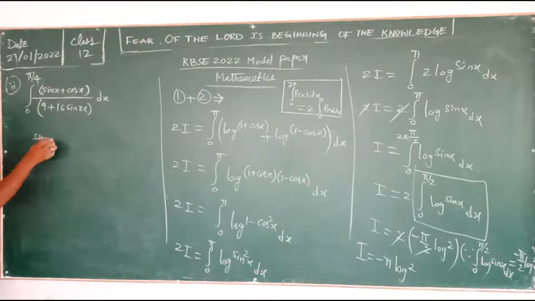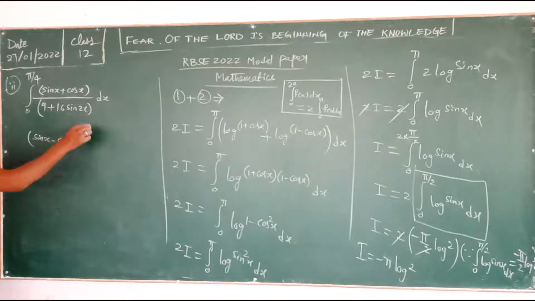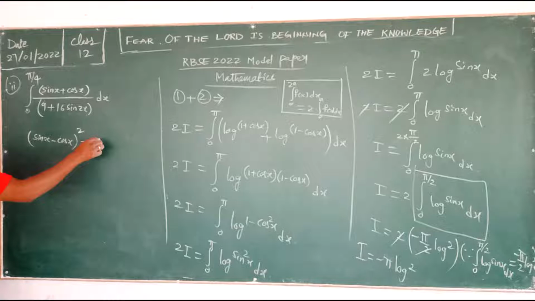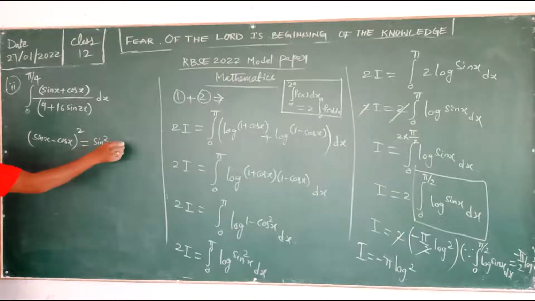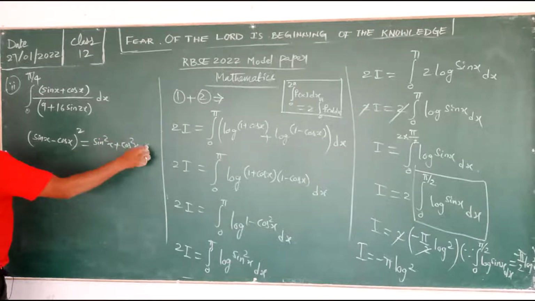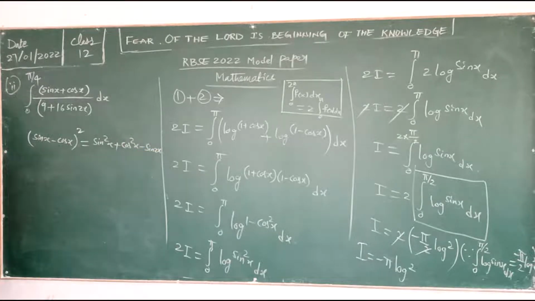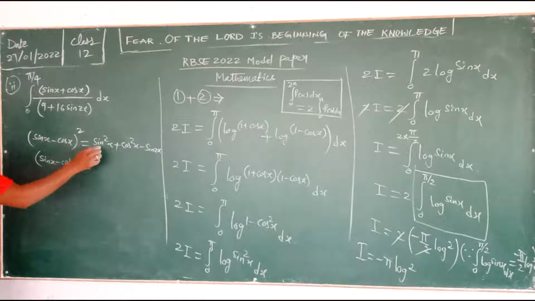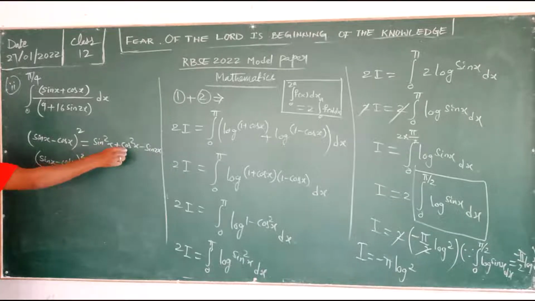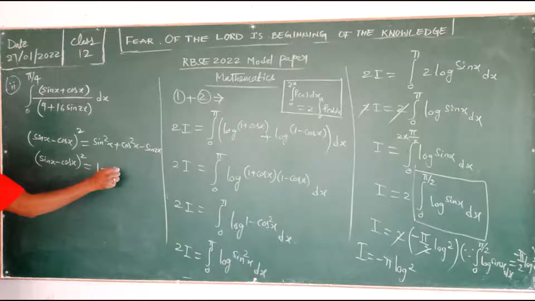Sin x minus cos x whole square is equal to sin square x plus cos square x minus sin 2x, which is 1 minus sin 2x.